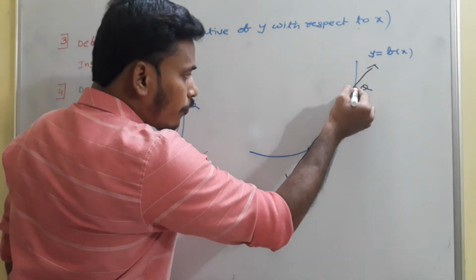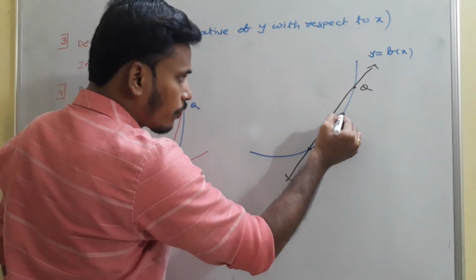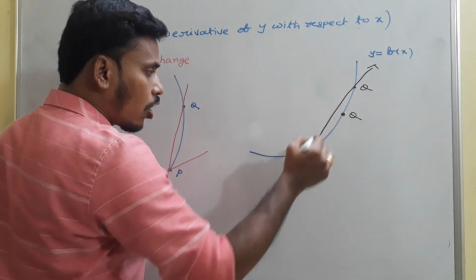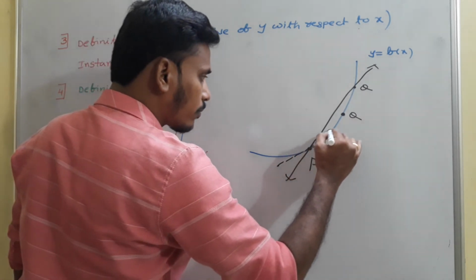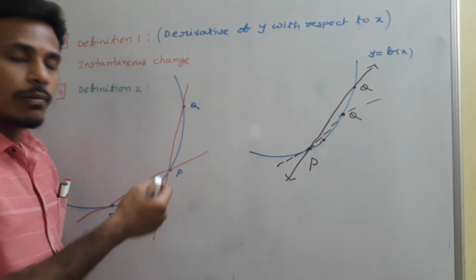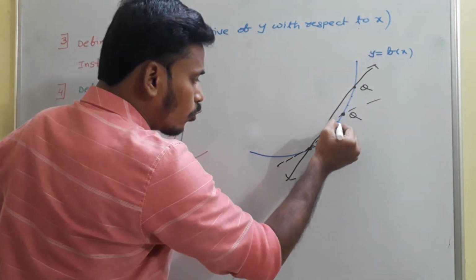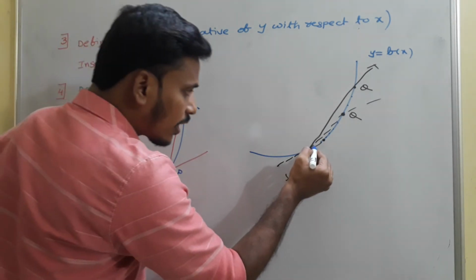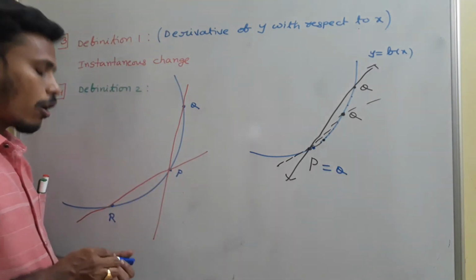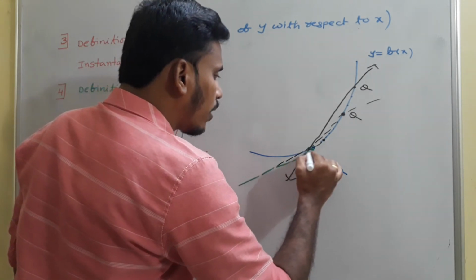Now what I do is, I move this point Q towards P. This is point P, and this is Q. If this is Q, again you will get a chord passing through these 2 points in such a way, and you move that Q nearer to P, some more nearer to P. After a certain stage, that Q is almost nearer to P, or it may be equal to P. If Q is almost approaching P, then at that particular point the chord becomes like a tangent.